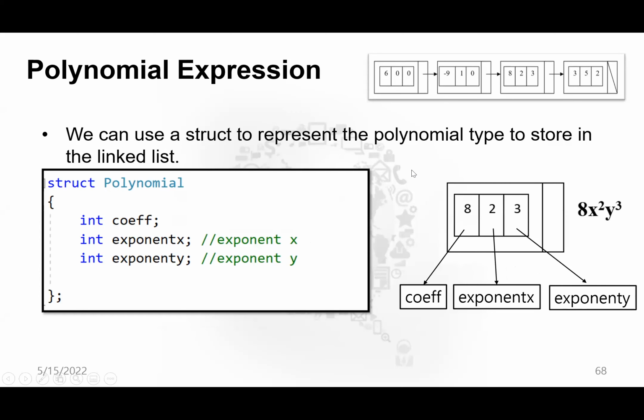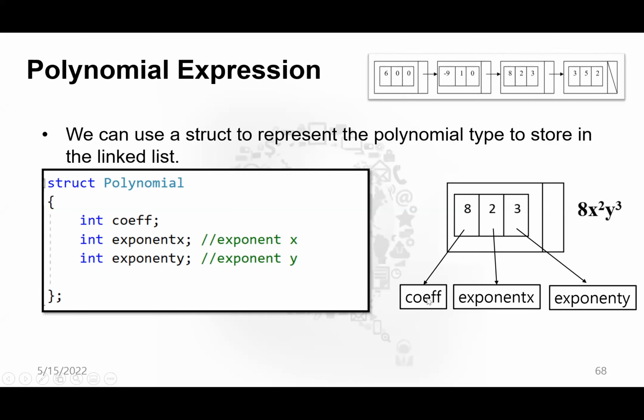First I need to create a structure to represent the coefficient, the exponent x and the exponent y inside the polynomial expression. So I will create this struct polynomial, where inside I have three members. The coefficient represents the 8, for example in 8x power 2 y power 3.